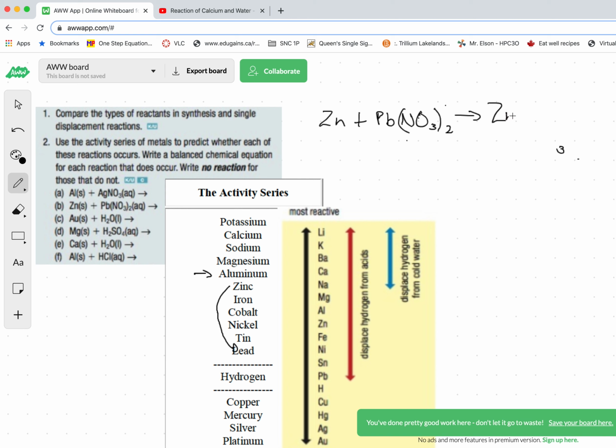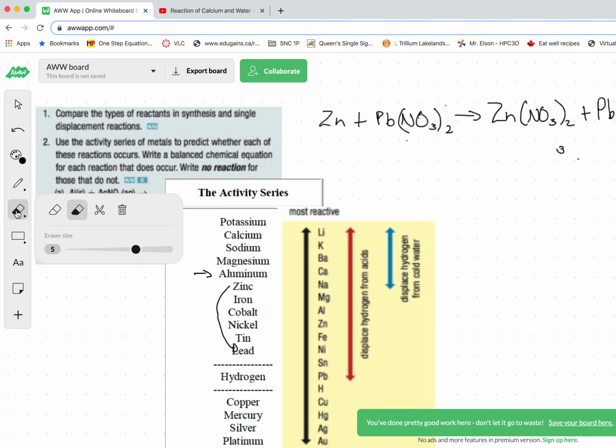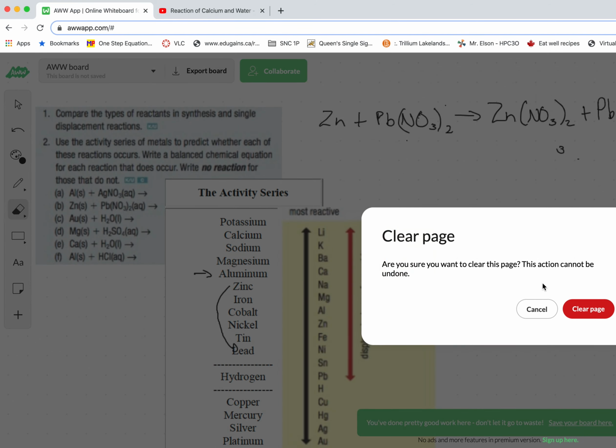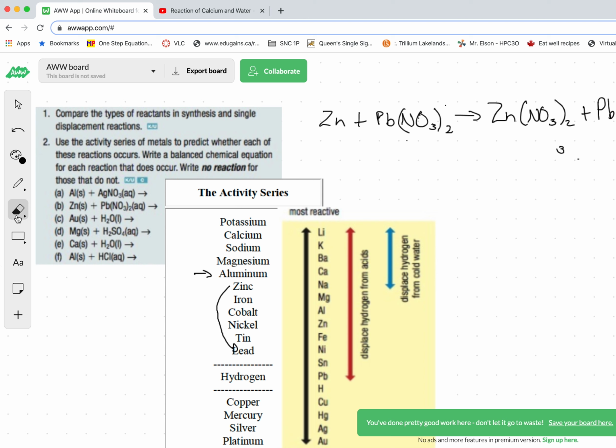And it becomes zinc. And I know zinc has a 2 positive charge from my polyatomic ion sheet. Leave lead as is. And this is all balanced because I have 2 nitrates on the right, 1 and 1, zinc and lead on each side.